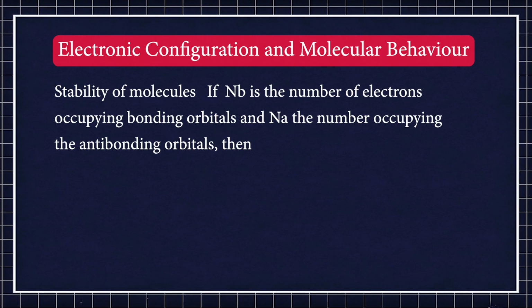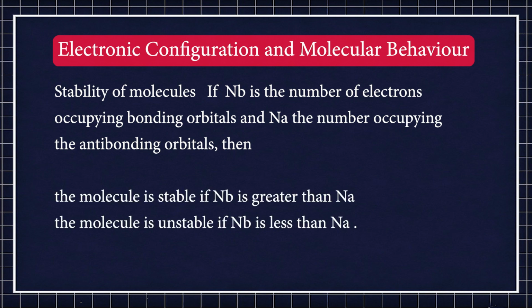Now dear students, how can we calculate the stability of molecules? If Nb is the number of electrons occupying bonding orbitals and Na the number of electrons occupying the antibonding orbitals, then the molecule is stable if Nb is greater than Na, and the molecule is unstable if Nb is less than Na.